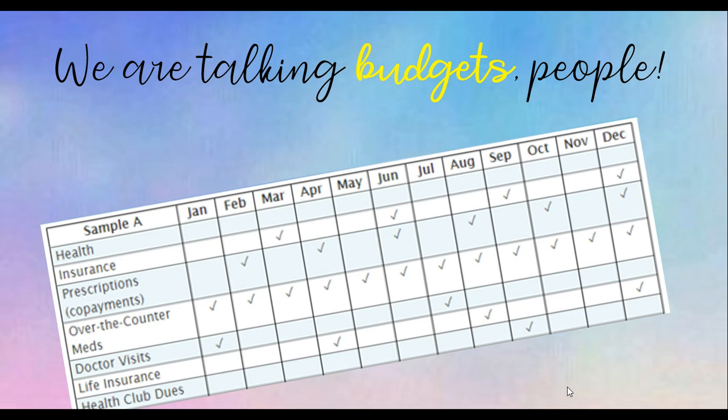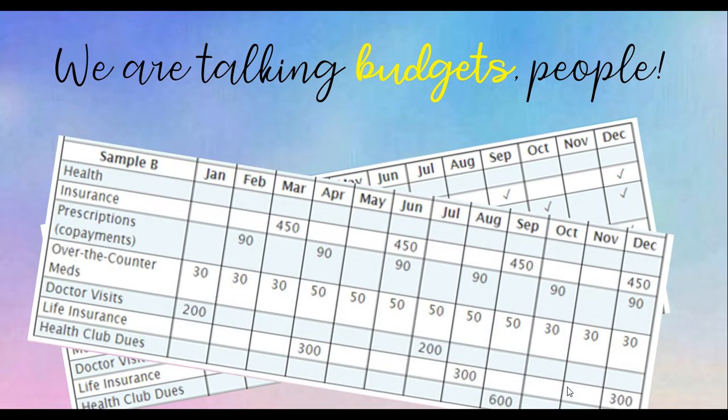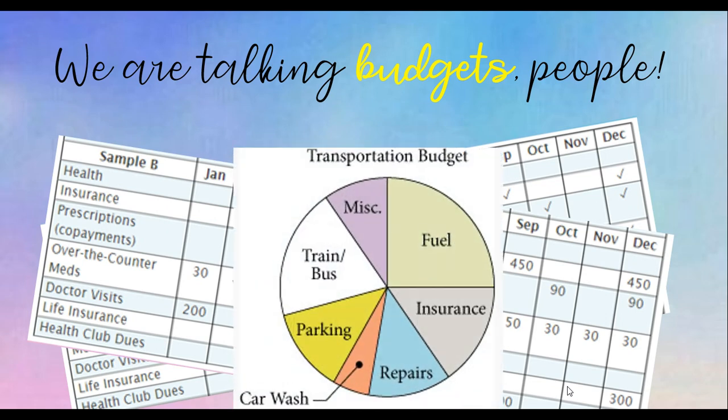Then we upgraded a little bit and we ended up coming up with just this classic budget chart, which does in fact have values in there. So we talked about the perks of that as well. This is still for health information. Then we talked about the circle graphs, aka pie graphs, and specifically for transportation and things like that.